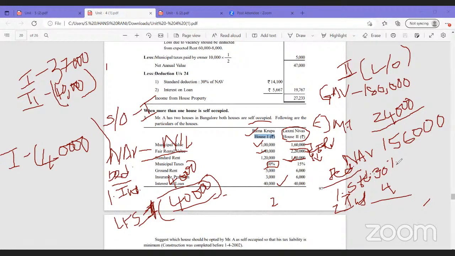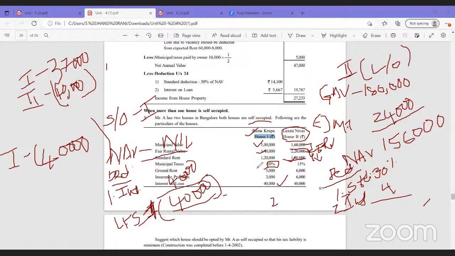Actually, madam, first problem is 33,000 is coming as the standard deduction. The amount is wrong. I think 1,08,000 into 30% is coming to 32,400. Where is 32,400? First assumed as let out, and the next one is self-occupied. Is the calculation wrong, I think. I didn't understand. What do you want to tell?